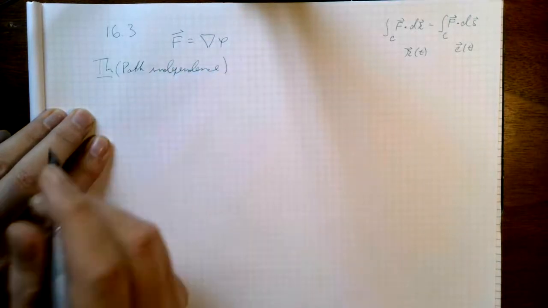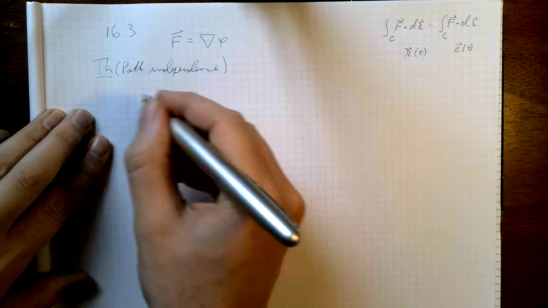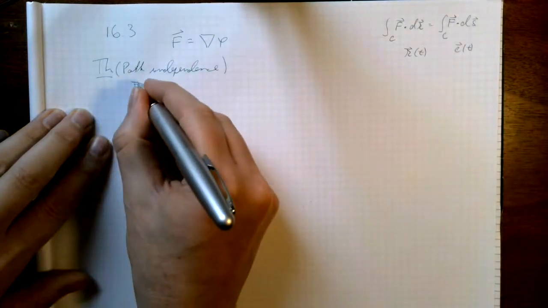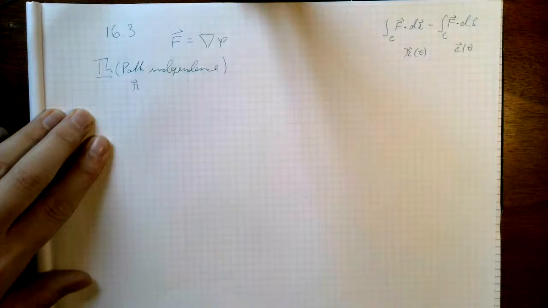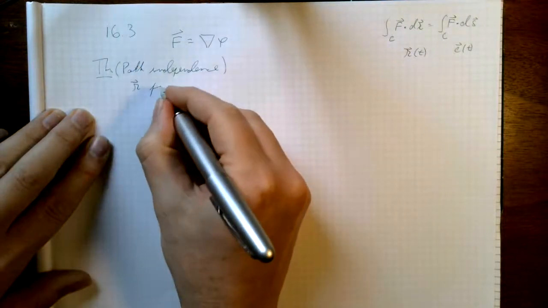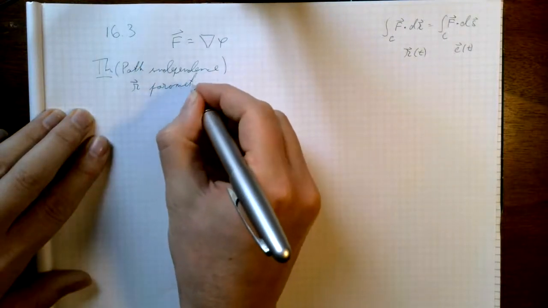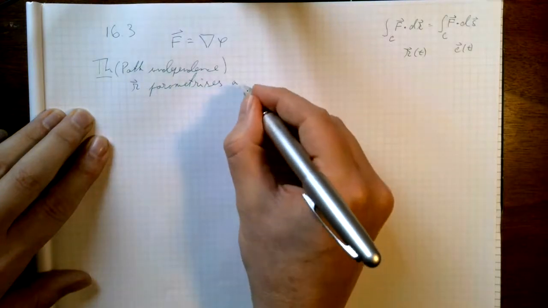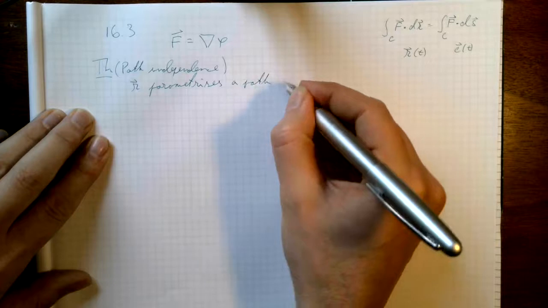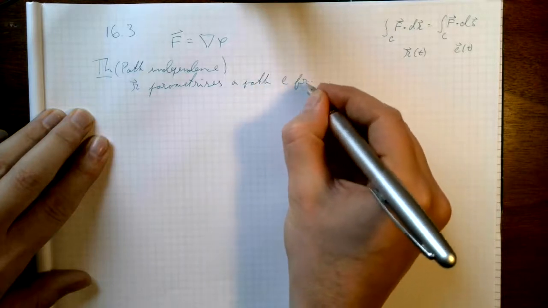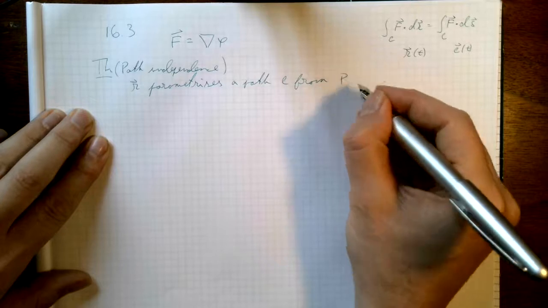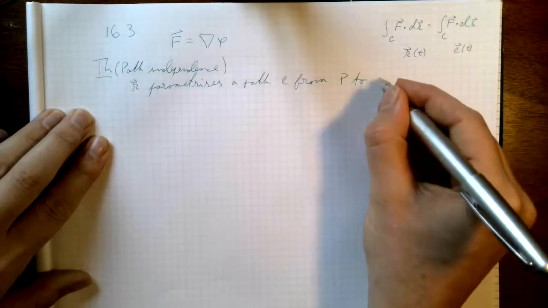Suppose that r parameterizes a path C from, let's say, point P to point Q. So there's P, there's Q, and we're going in this direction.